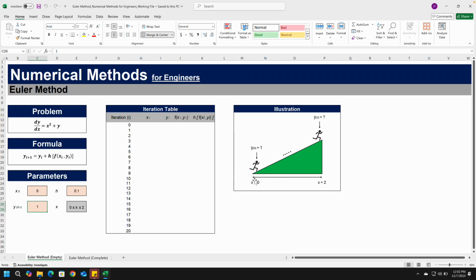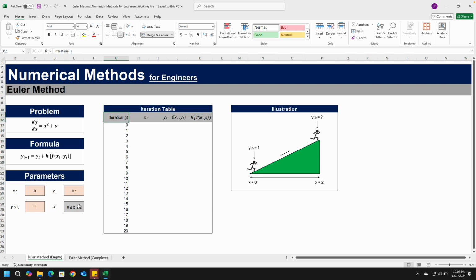Hence, at point 0, the person's height is 1. And we have our step size, meaning each time the person climbs up, he takes 0.1 steps. So 0.1, 0.1, 0.1, eventually until the person reaches 2. We want to measure the person's height between 0, the base of the mountain, and 2, the peak of the mountain. Right, with that, we can now proceed to the iteration table here.